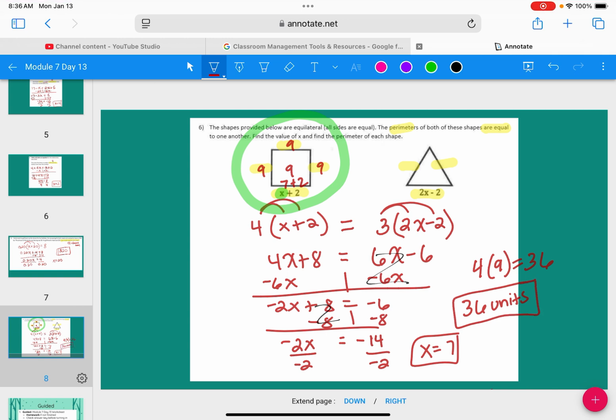So finding x doesn't find the perimeter, it finds the number that I have to plug in for x. You could have also plugged in for the x in the triangle. You should have gotten the same perimeter though, because they told us the perimeters are equal. Okay, so there's kind of 2 parts to this problem. You have to first find x and then find the perimeter.